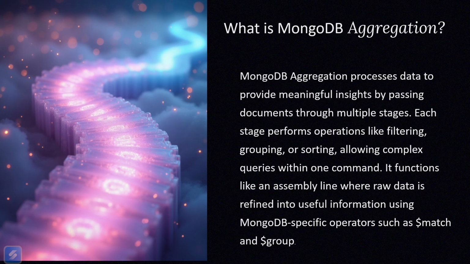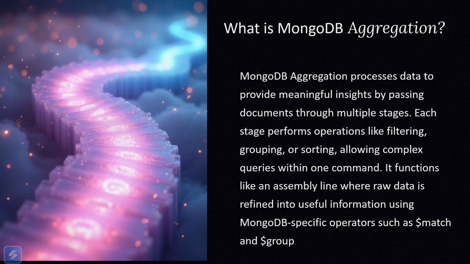Each stage performs operations like filtering, grouping, and sorting, and allows complex queries within one command. Instead of writing multiple queries, MongoDB allows you to process the data using a step-by-step aggregation pipeline.